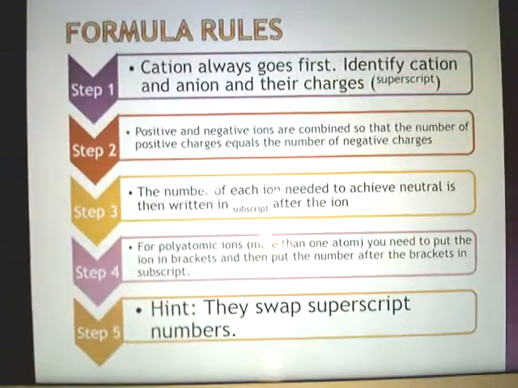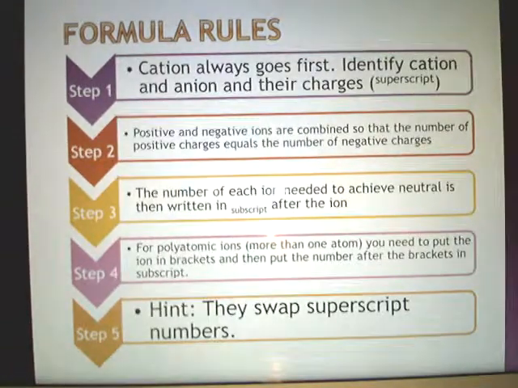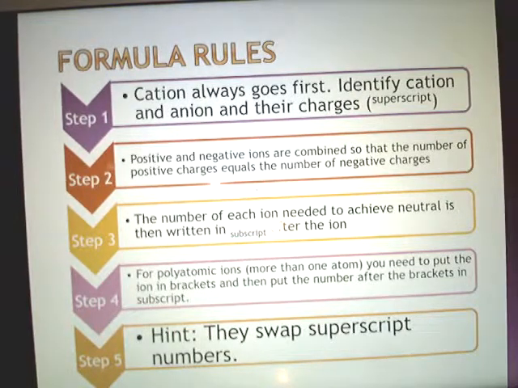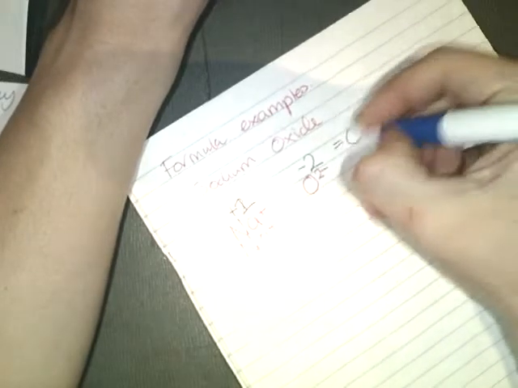Okay, so we've done step 1. Step 2. Positive and negative ions are combined so that the number of positive charges equals the number of negative charges. Okay, so here you can see that we've got a -2, but we've got a +1 here. So we actually need to insert another sodium so that we have +2 and -2. So those equal 0.